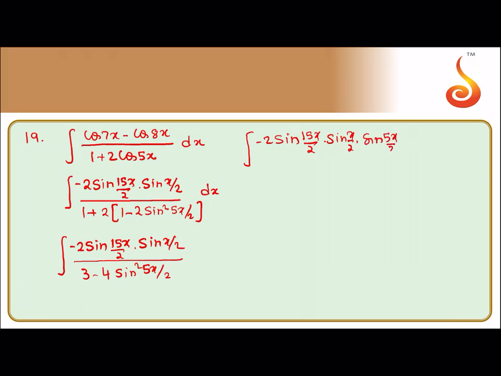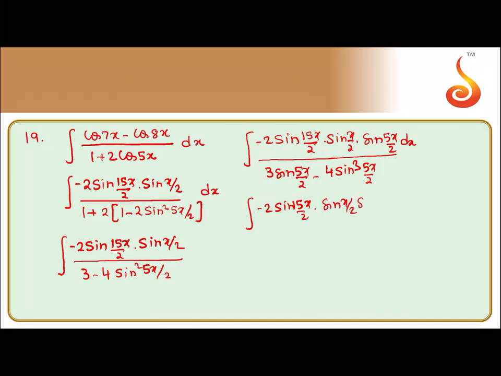Minus 2 sin 15x by 2 into sin x by 2 into sin 5x by 2 dx. The denominator will become 3 sin 5x by 2 minus 4 sin cube 5x by 2. This is the formula of sin 3 theta.